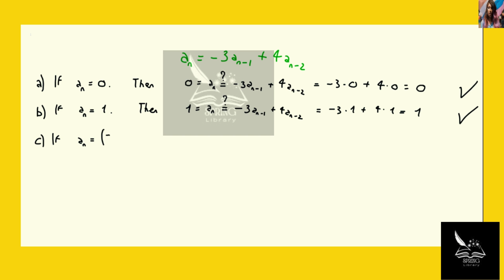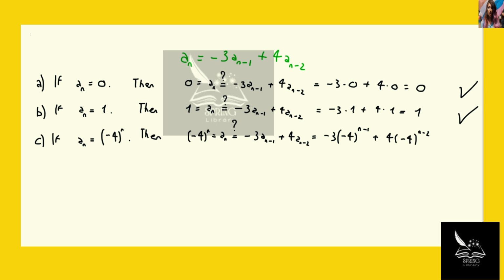Now, if the sequence is given by (-4)^n, the nth term is (-4)^n, and we want to check whether this equals the given relation -3 a_{n-1} plus 4 a_{n-2}. The formula on the right is equal to -3 times (-4)^{n-1} plus 4 times (-4)^{n-2}.